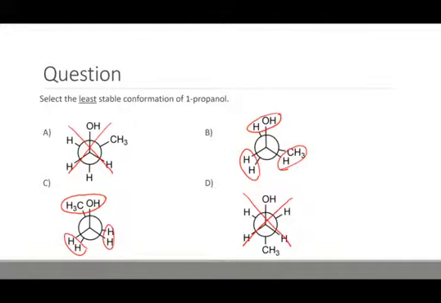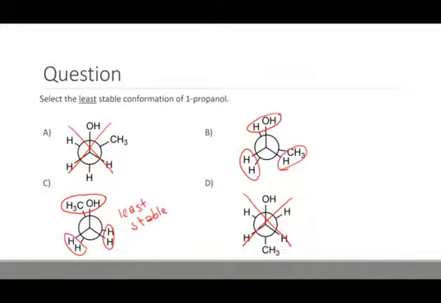Now, you don't need to know anything about these groups as far as functional groups, but you can tell that an OH group is bigger than a hydrogen. And remember that when you have big groups eclipsing each other completely, this is always the least stable conformation.